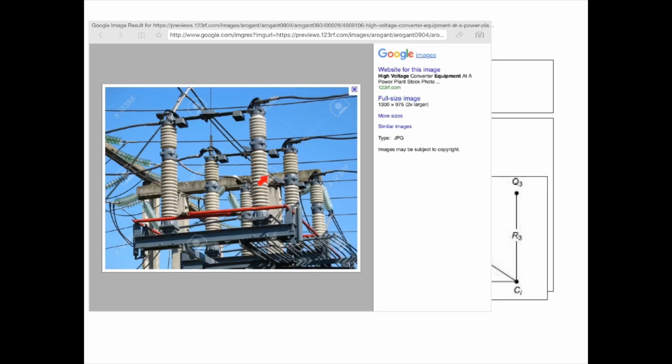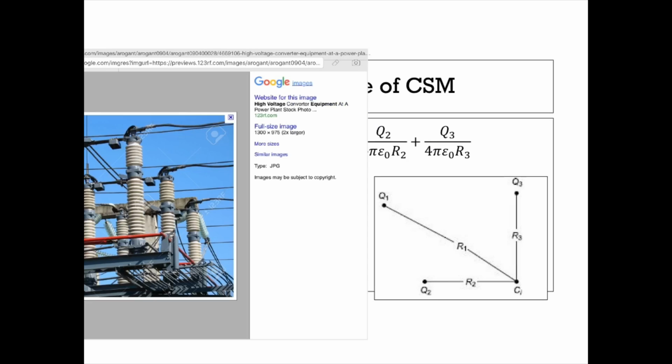So let us consider this typical scheme where the large voltage exists, and you can notice that there are several conductors and there are several electrodes and insulations. For this particular scheme we want to estimate the potential at a point representing Q1, Q2 and Q3 in the surrounding area.